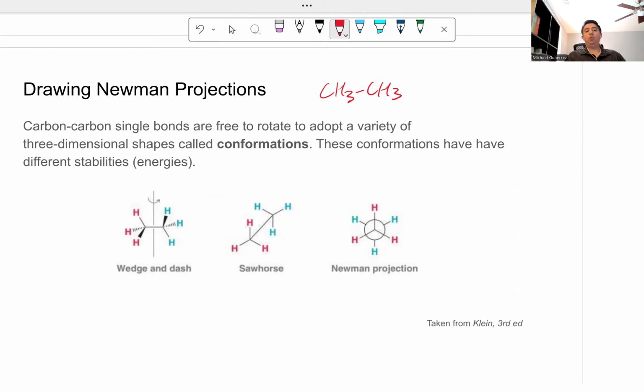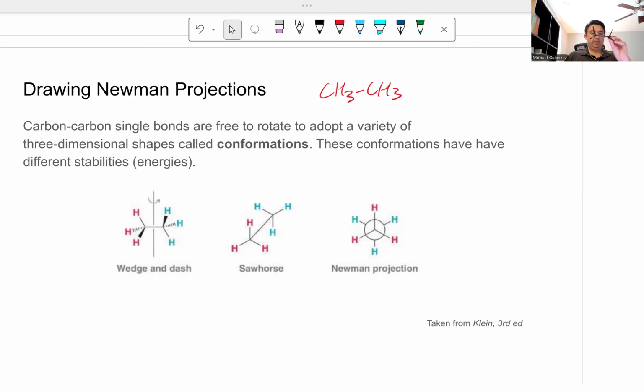So one of the ways that we can describe this without a model kit, but be able to describe this in two dimensions, like on a piece of paper, is to draw what is called a Newman projection. So I'll just shut this down for right now. And a Newman projection allows us to go from looking at a compound from the side.